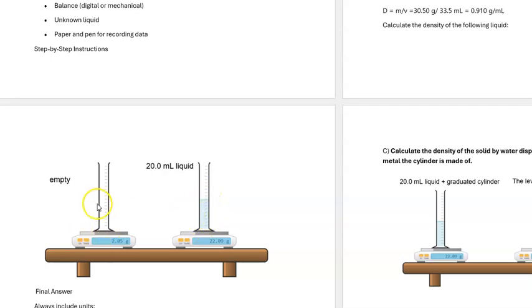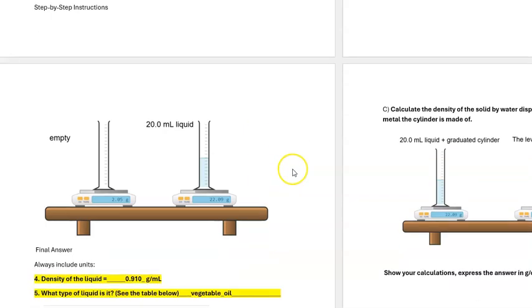It's because also of the empty graduated cylinder. Then you have to calculate the volume of the liquid, and you can see the difference. The volume of the liquid is 20.0 milliliters. Then you have to calculate the weight of the liquid.